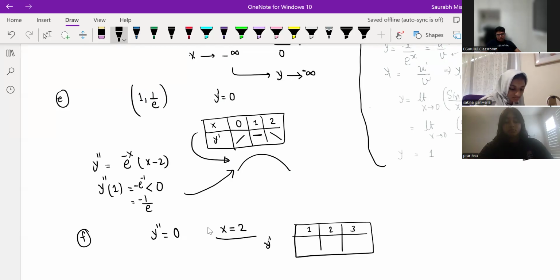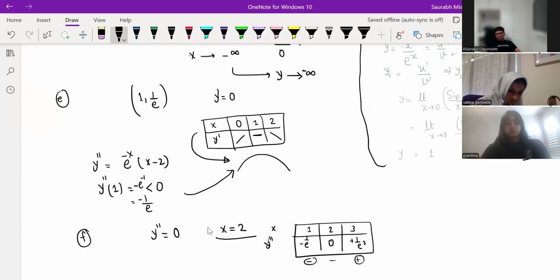So let's say y double prime and then this is x. So y double prime value is proportional to x minus 2. At 1 it will be minus e to the power minus 1, that is minus 1 by e. At 2 definitely it is 0. At 3 it is plus 1 by e cube, which is positive. So negative, 0, positive.